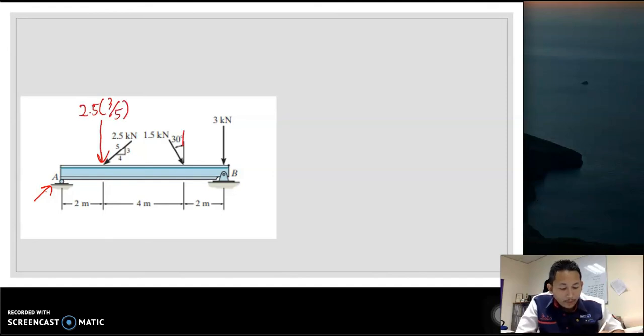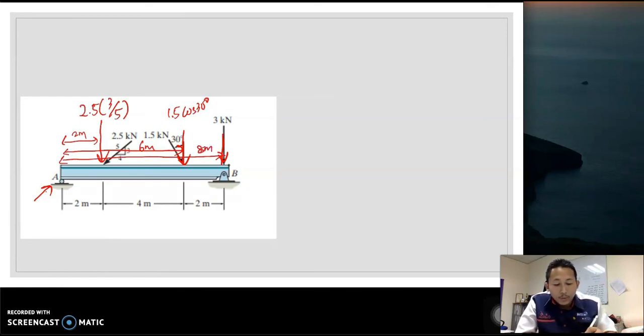And then we have this one, 1.5 cosine 30. And this one, 3 kilonewton. So the distance is 2 meter for this one. 2 meter, and then this one is 2 plus 4, 6 meter, and finally we have 8 meter.